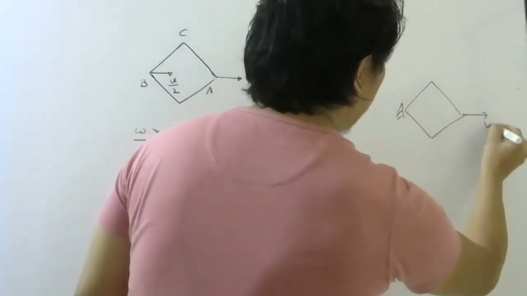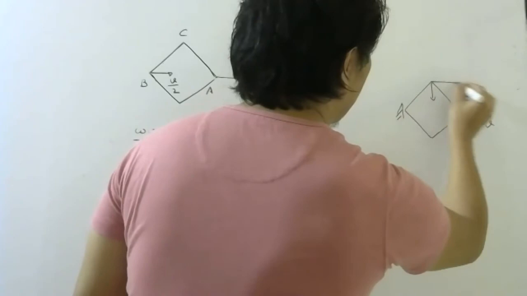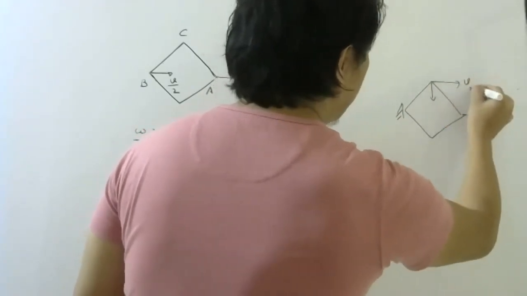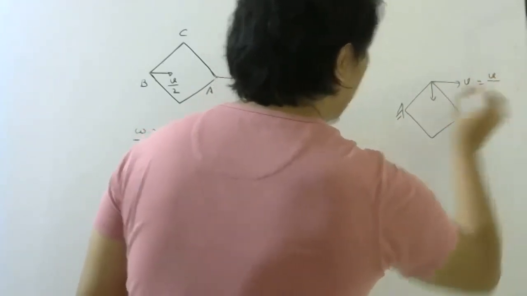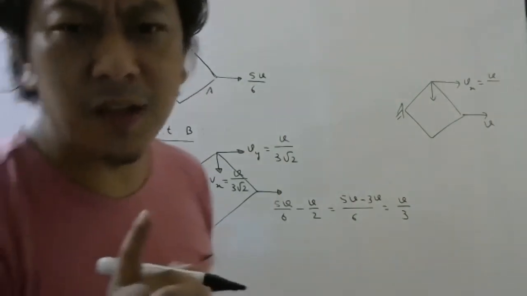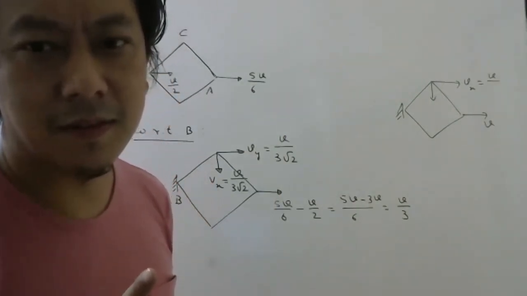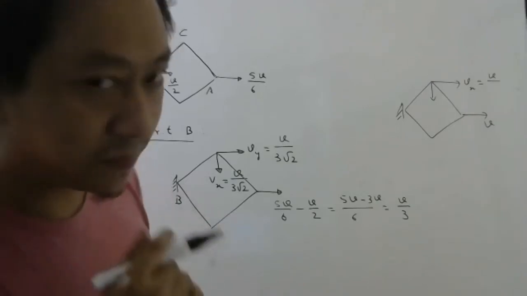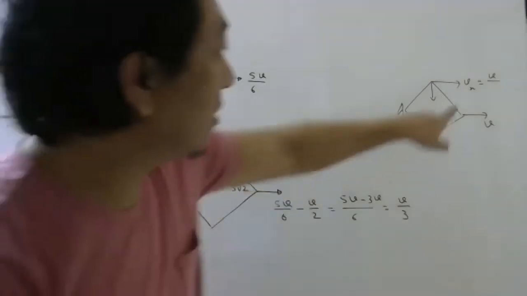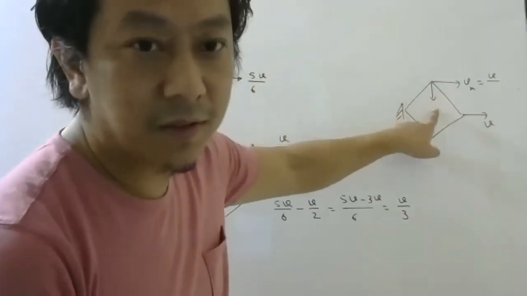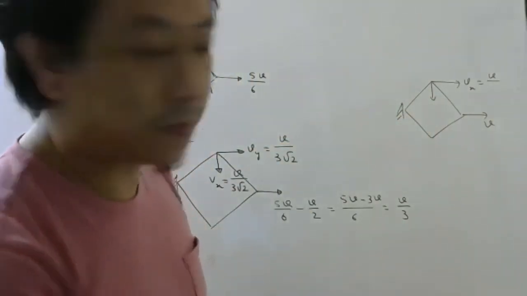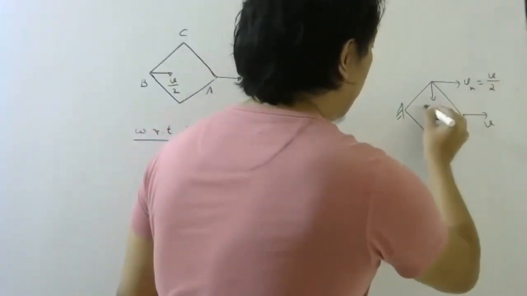But if this goes with velocity v, this point will have two components. Vx will be v by, oh, not v by root 2. It was v by 2, I think. Check once. V by 2, sir. V by 2 or v by root 2? Vx and Vy, both are v by 2, right? So v by 2, v by 2.